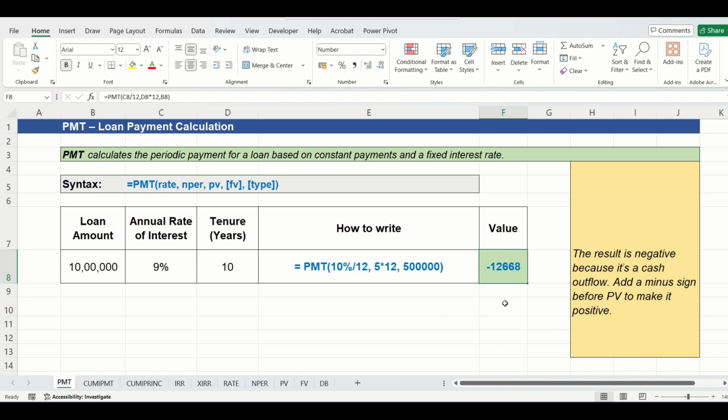So you can compare the EMI of various loans with different terms and conditions to check which loan to opt for. This result is negative because it is a cash outflow. Add a minus sign in front of the loan amount and this value will be positive.